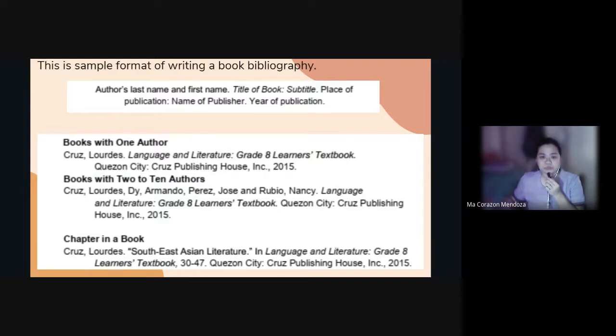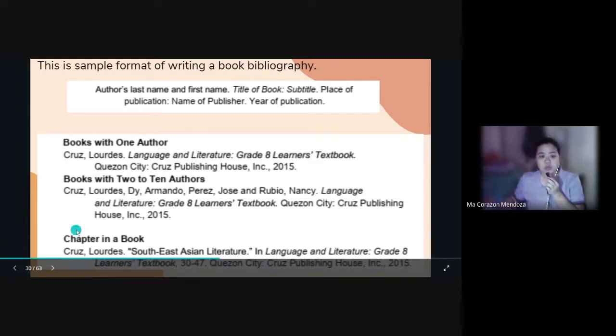Next, chapter in a book. Now, there are times that you will only consult a certain author or a certain chapter rather in a book. Now, if you want to highlight or emphasize that, you can put Cruz Lourdes, period.